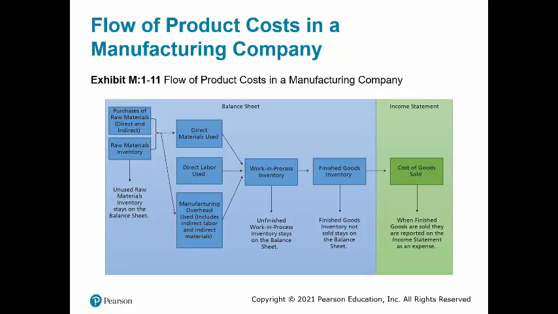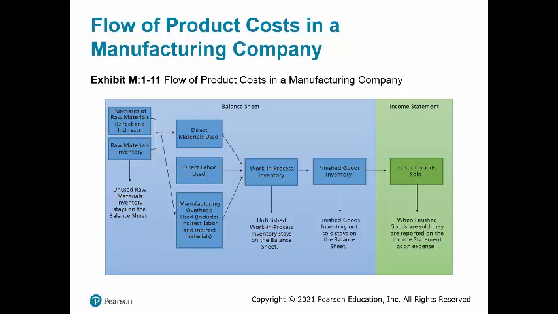We will also add direct labor and manufacturing costs to work in process. Any work in process goods that are not completed at the end of the accounting period will be shown on the balance sheet as work in process inventory. Any goods that are completed during the period will be transferred to finished goods inventory.